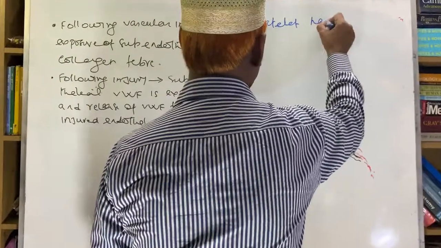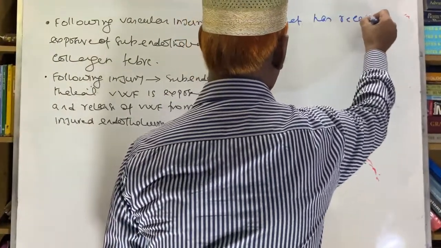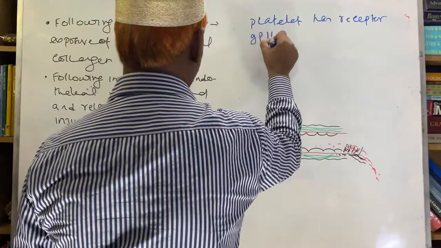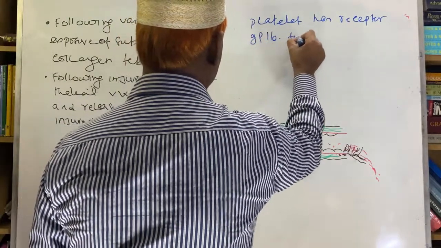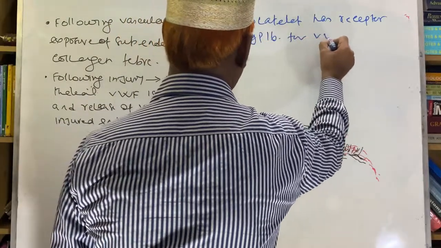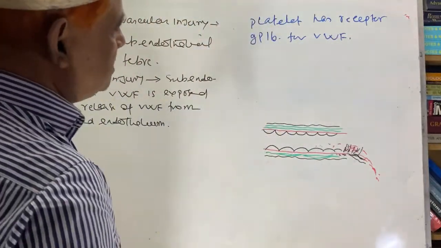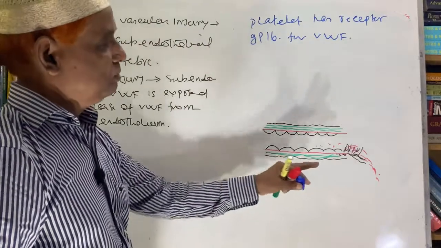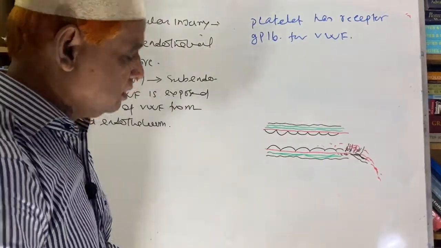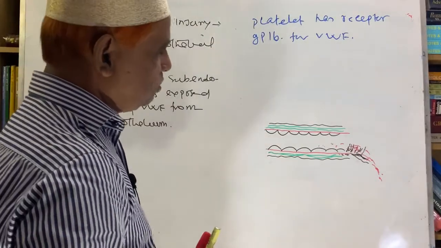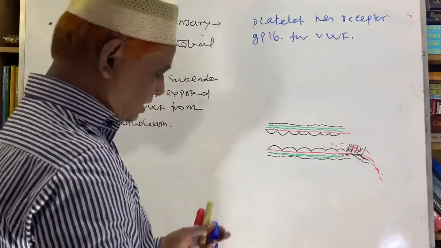Platelet has receptor glycoprotein GP1b for von Willebrand factor. As platelet has a receptor for von Willebrand factor, the von Willebrand factor makes a bridge between collagen and platelet.